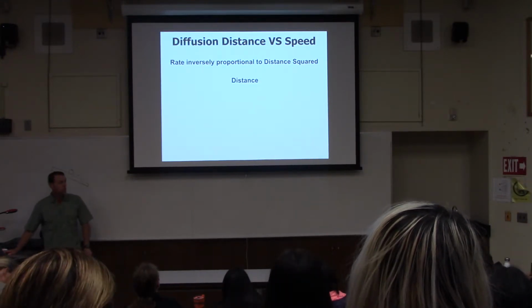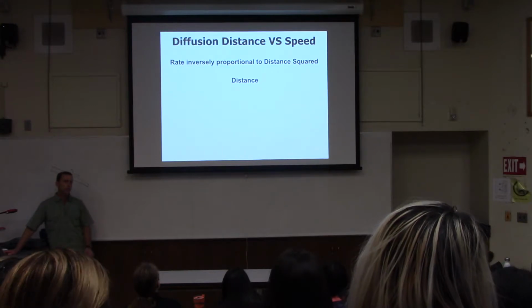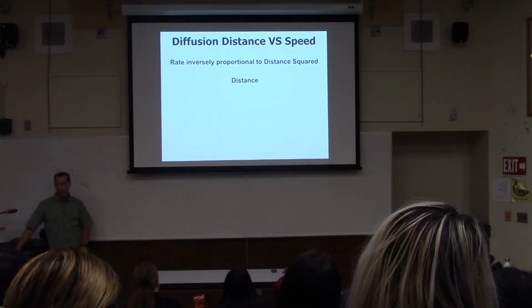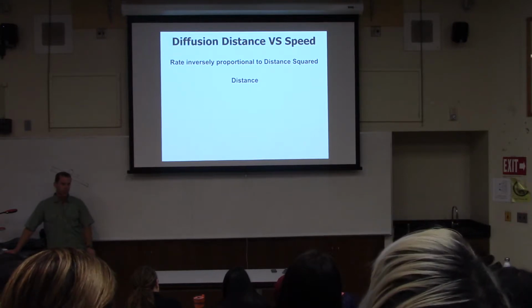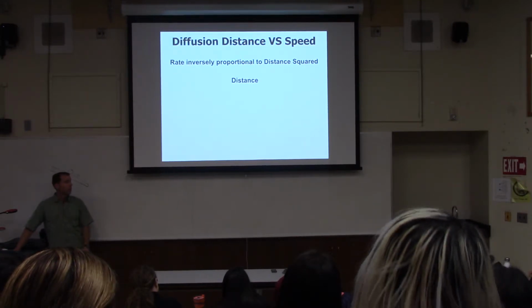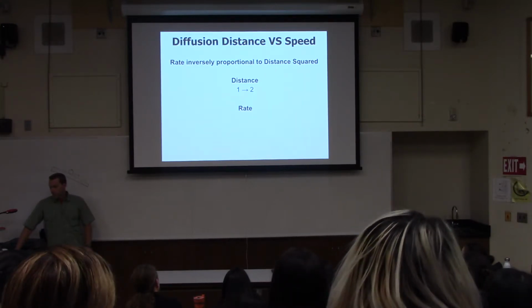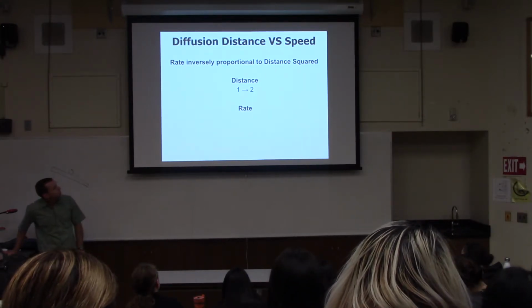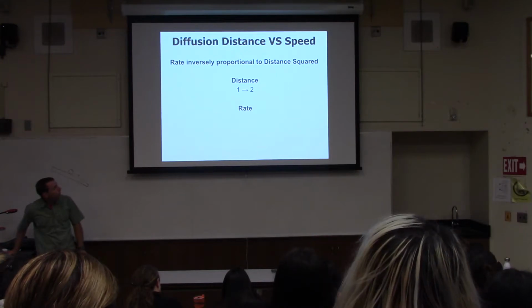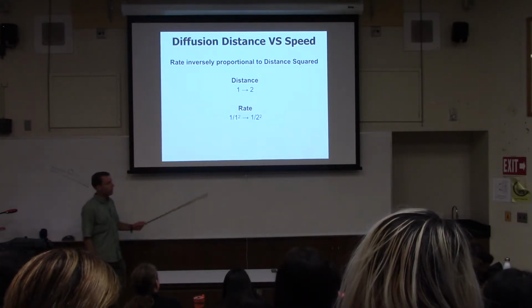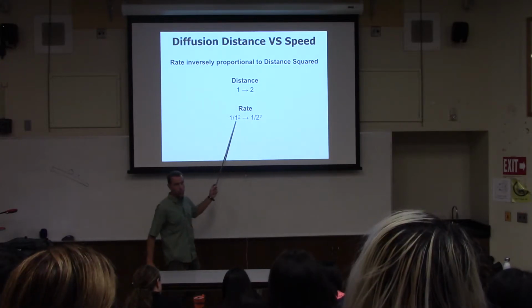Let's imagine we change the distance from 1 to 2. We don't care what the units are, but we doubled the distance. Let's see how that influences the rate of diffusion. We take that distance, square it, and put 1 over the top to get the rate. So the initial rate was 1 over 1 squared.